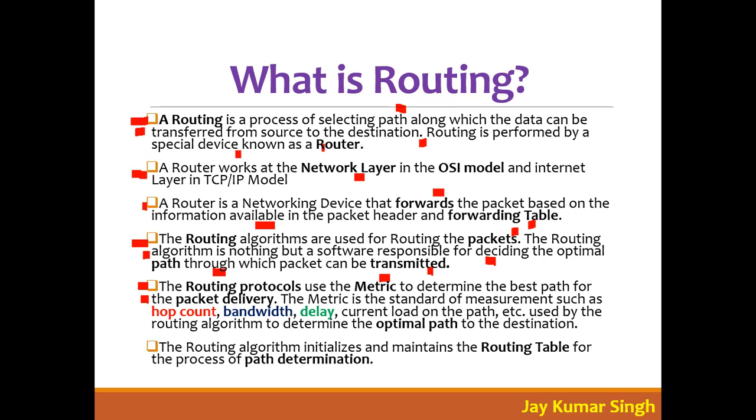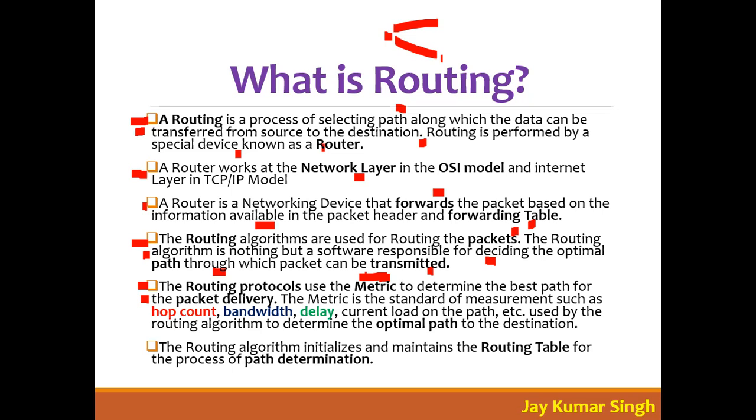Suppose I have two paths, as in the example I gave you, ISP1 and ISP2. If I want to go to Google, should I follow ISP1 or ISP2? It's according to the metric. We'll understand what a metric is. Metric is the best path calculation process.